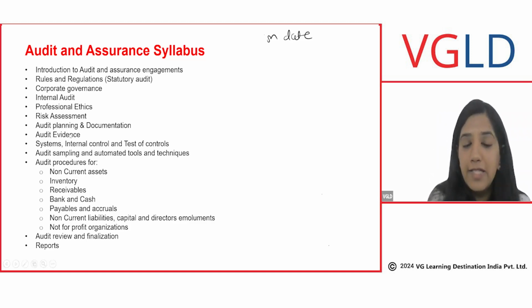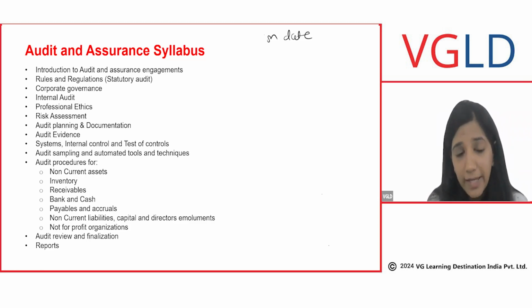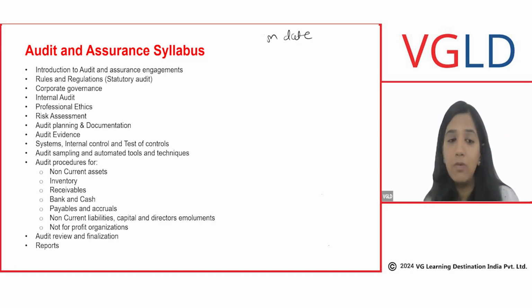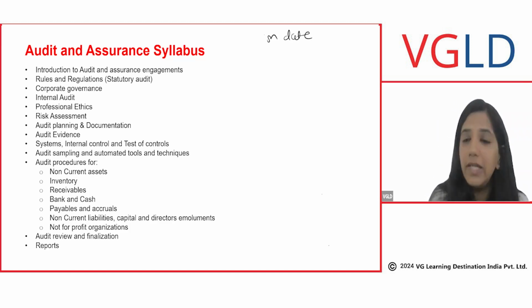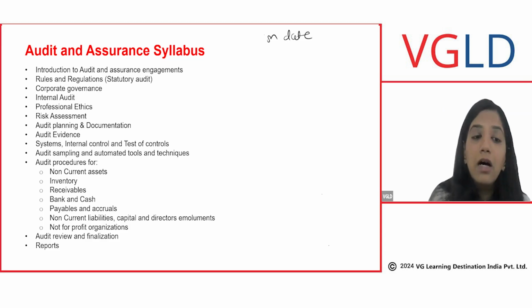There is a particular standard for this which speaks about what kind of audit evidence is mandatory, what kind is acceptable, how you are supposed to find those audit evidences, how to report them, and how to use them. So we'll get into it step by step.